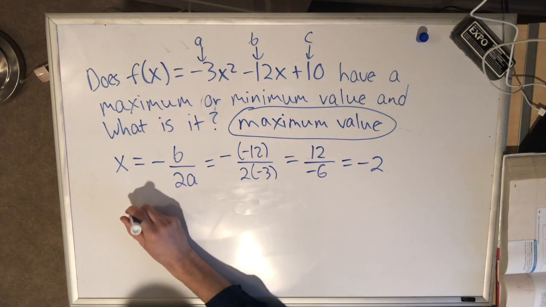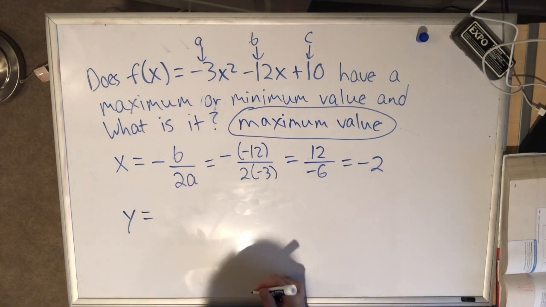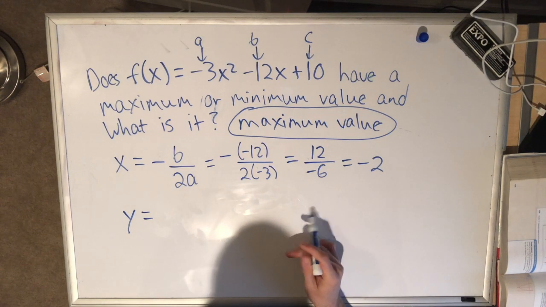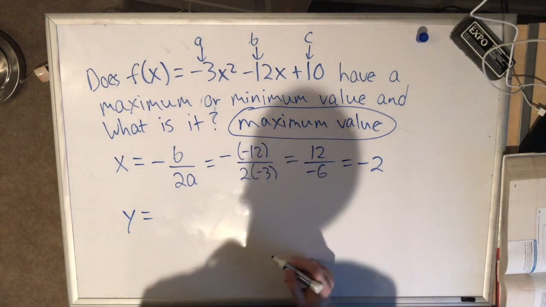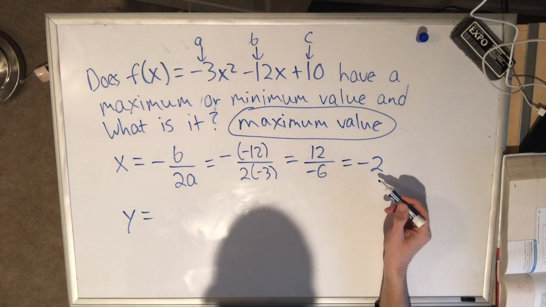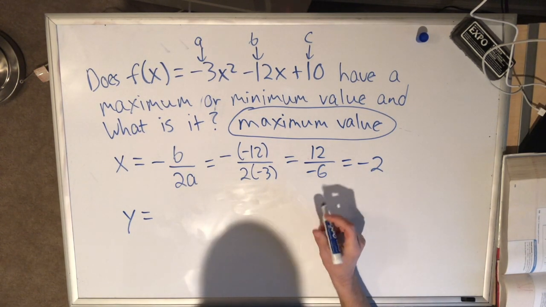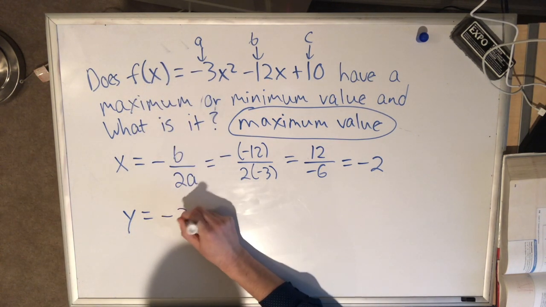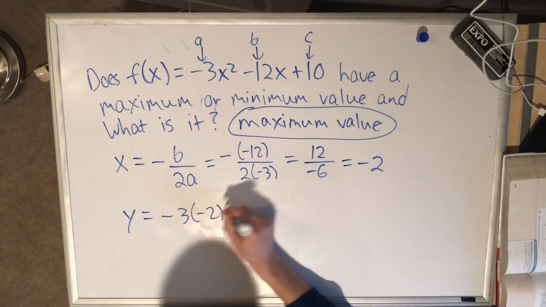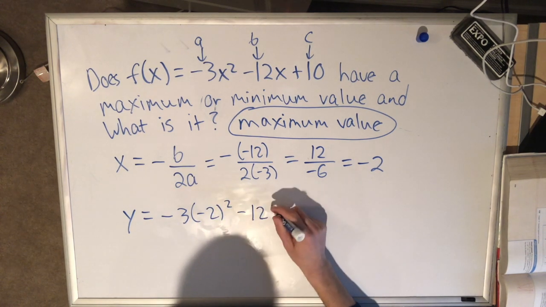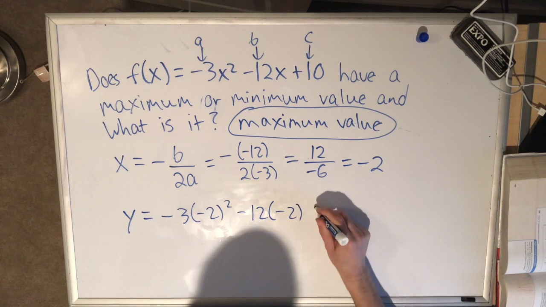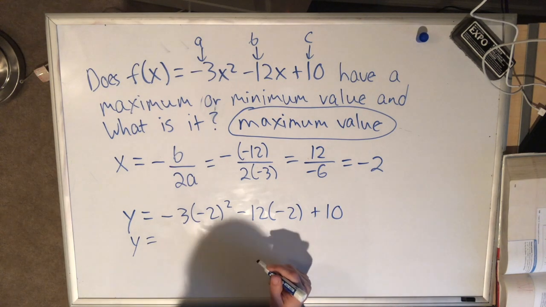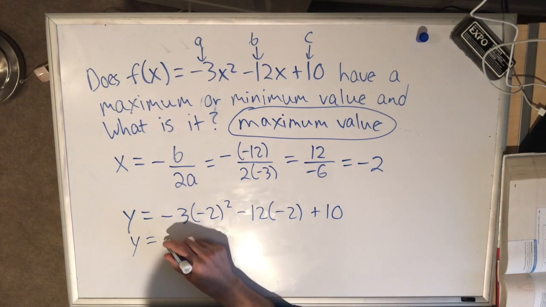Now to find the y-coordinate of that maximum value, which is the vertex, we substitute in negative 2 for x in the equation given to us in the problem. By the way, f of x is the same thing as y. So y equals negative 3 times negative 2 squared minus 12 times negative 2 plus 10. Negative 2 squared, negative 2 times negative 2, is positive 4.